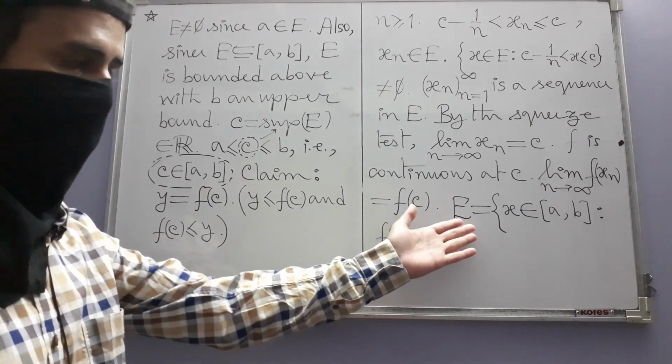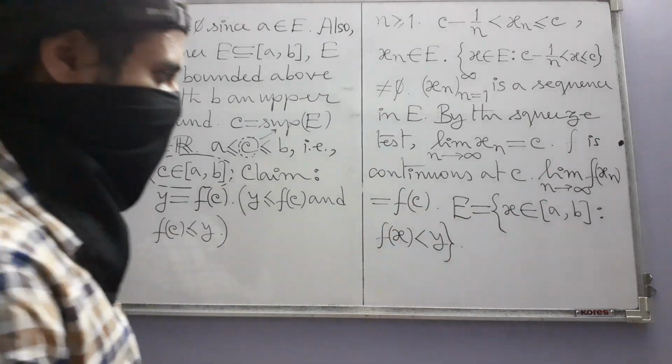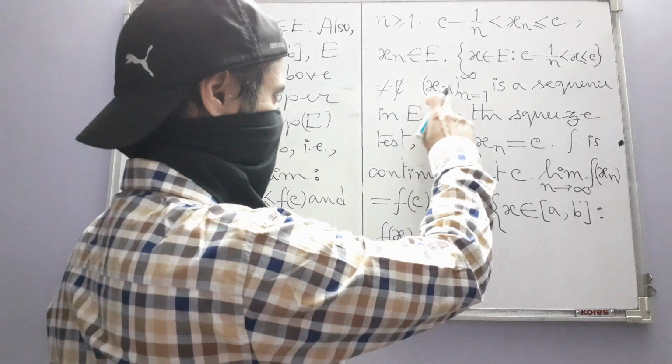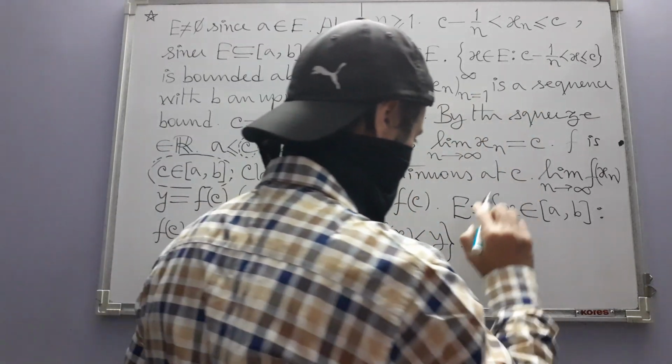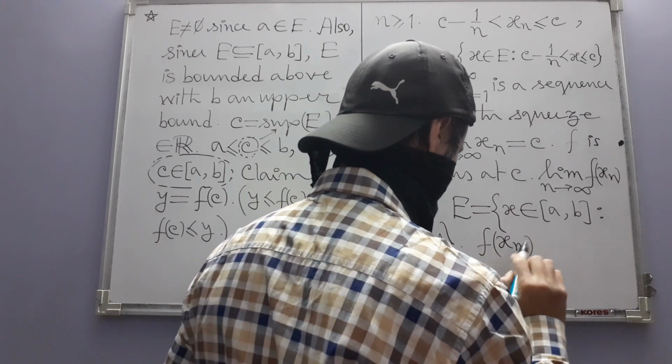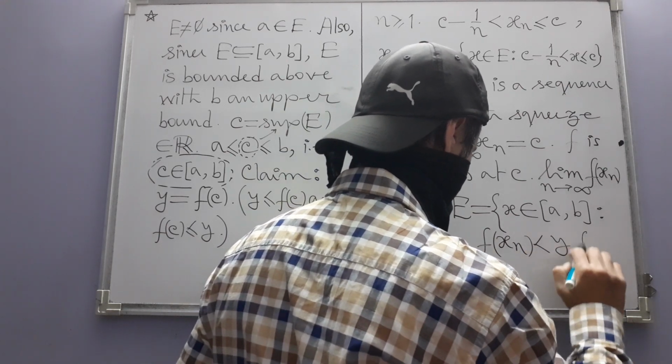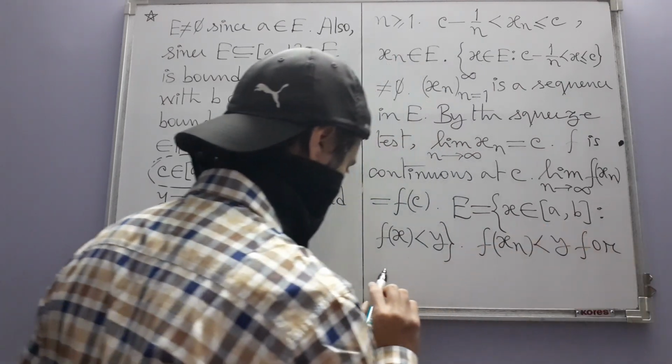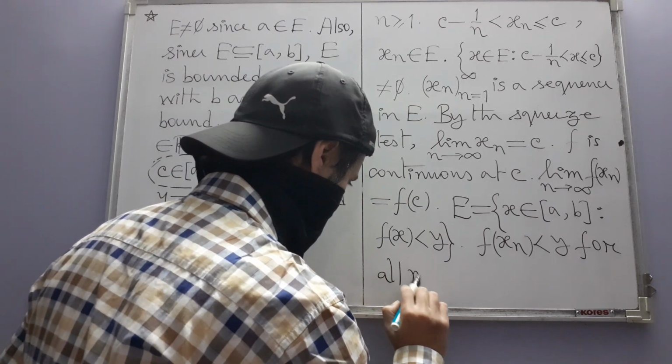This is what e is. Since each xn is in e, we have these inequalities for all positive integers n.